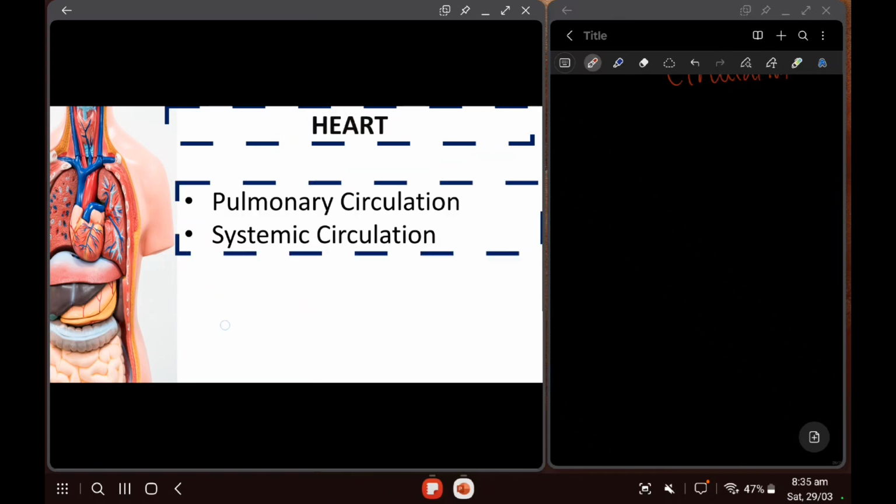Then, since we have two circulations, like I said earlier, when our heart pumps on the right side, pumping blood to the lungs for oxygenation, that is pulmonary.